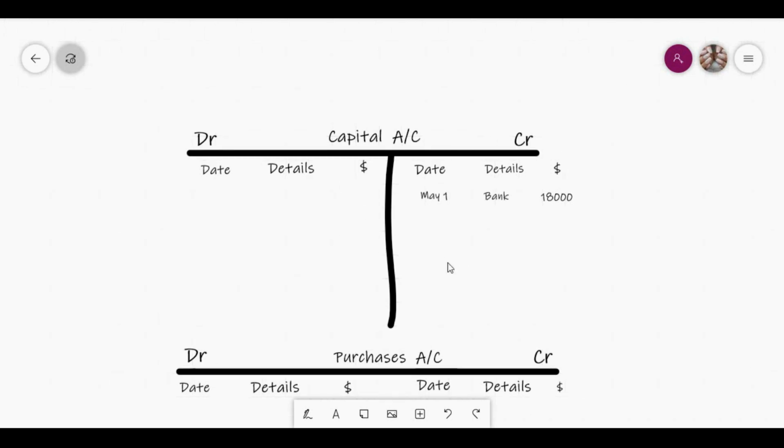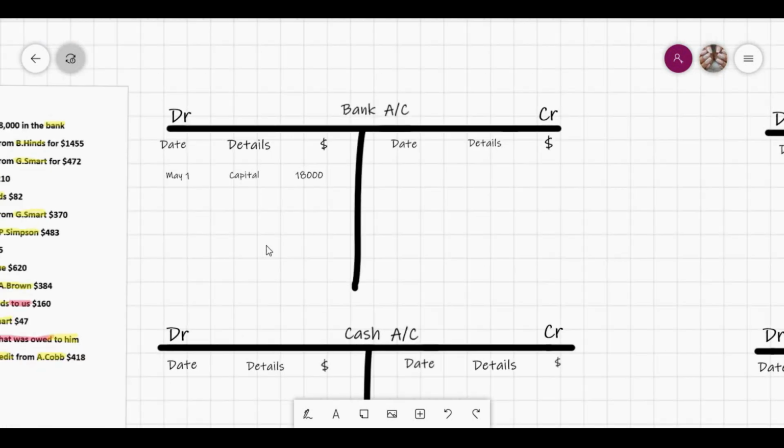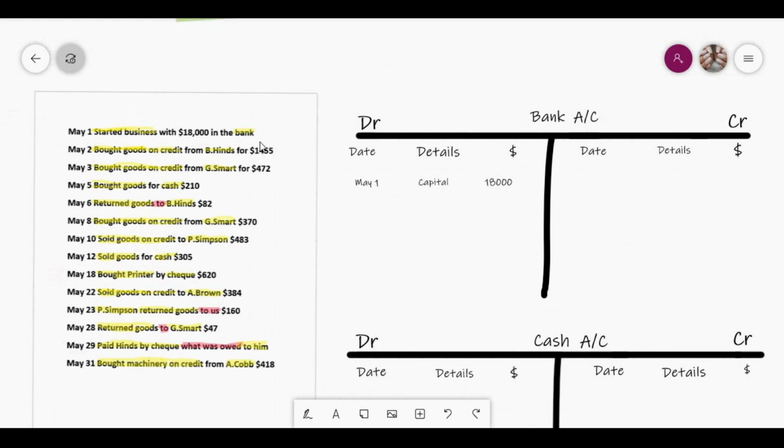Okay, so on May 2, bought goods on credit from Behind for $1,455. This will be affecting the Behind's account and the purchases account.